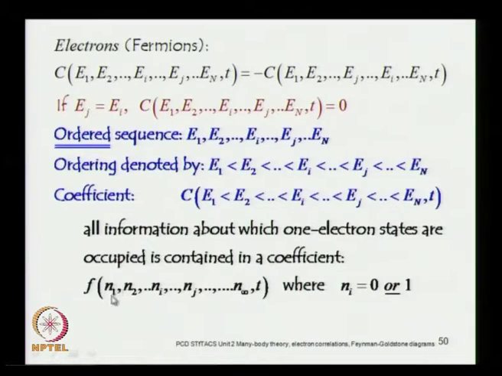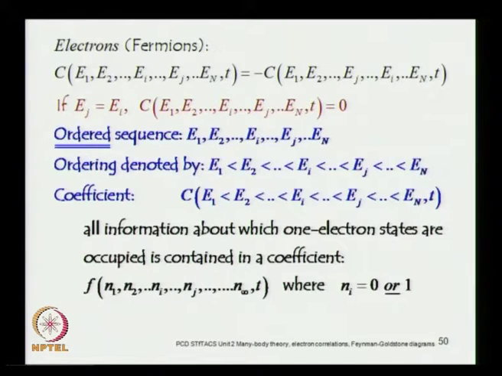There are n particles, so out of these only n are occupied, the rest of them are vacant. And now if you write occupation numbers n1, which is the number of fermions in state E1, n2, which is the number of fermions in state E2, each of these numbers for fermions will be either 0 or 1. For bosons it could be anything, it could be 0, 1, 2, many, all.